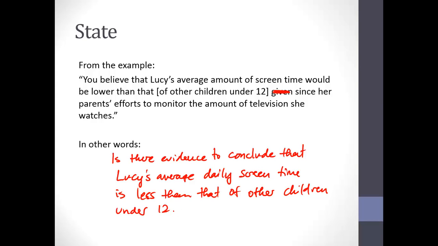under 12. So again, the question, maybe the language you'll recognize here, is a question like, is there evidence to conclude that Lucy's average daily screen time is less than that of other children under 12? The language in the example or in your homework question might not always be as clear as this, so just practice going from what the example says to the question that we recognize there.